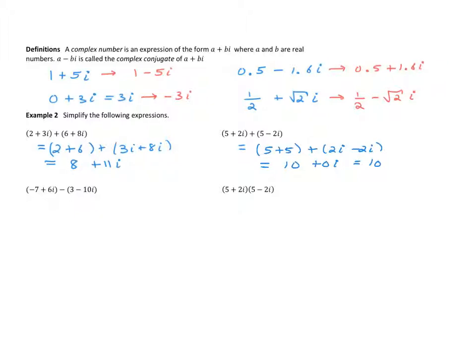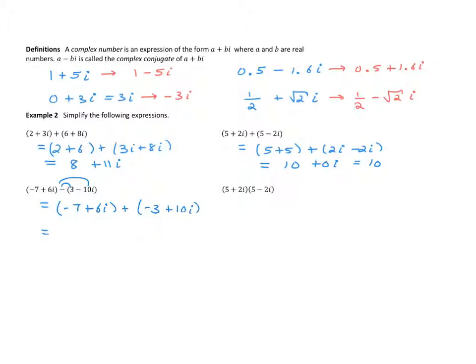All right, let's go down to this example. Now we're subtracting two complex numbers. So basically we're just going to distribute this negative into the parentheses, so that negative 1 is going to go to the 3 and the negative 10i, but everything else works the exact same way. This is going to be negative 7 plus 6i plus negative 3 plus 10i.